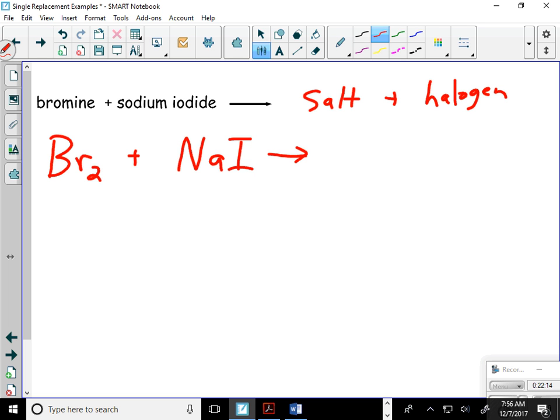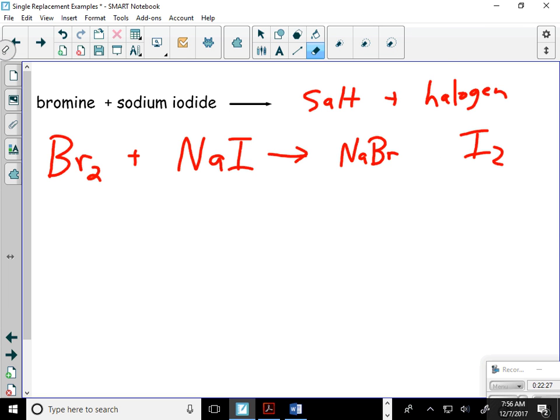So my new salt is going to be sodium bromide. My new halogen is going to be iodide. Now all I need to do is balance the equation. And to do so, here, should balance it up.